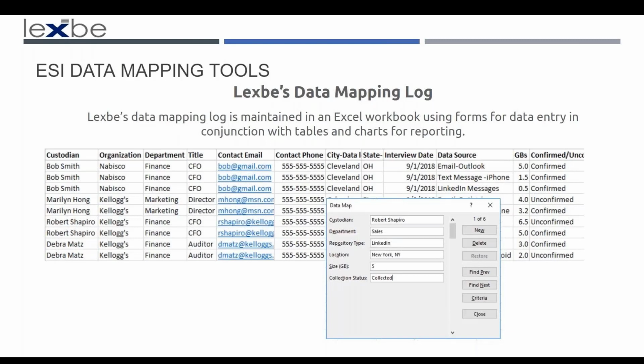Skype, they would all be individual data sources. And these would be mapped out on a record by record, row by row basis in a form as we have here. And then you can get the status of if it's been confirmed, collected, and then you can build your reports out of that.